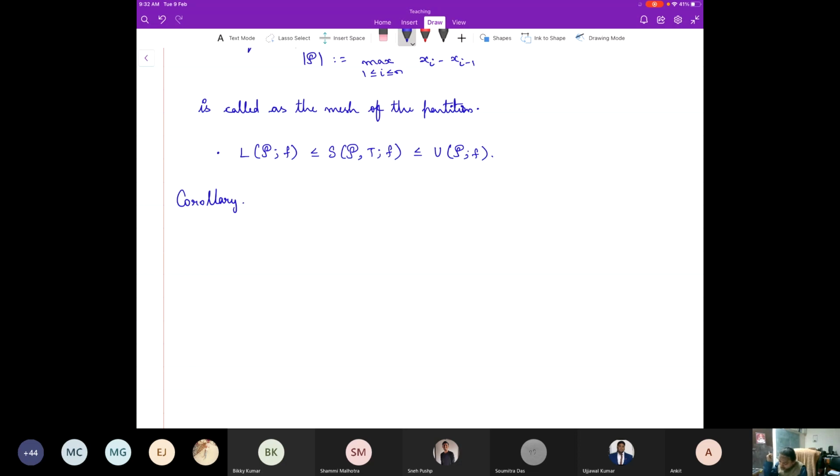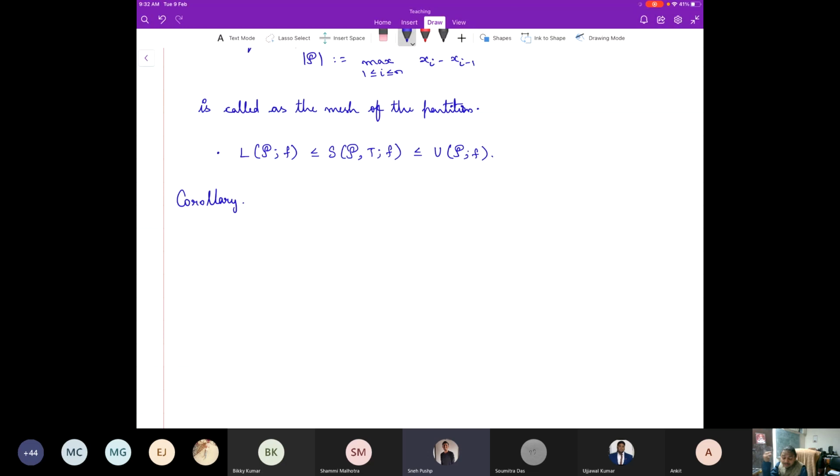So if the function is Riemann integrable, where will the supremum of the lower sums go to? Sir, lower integral.